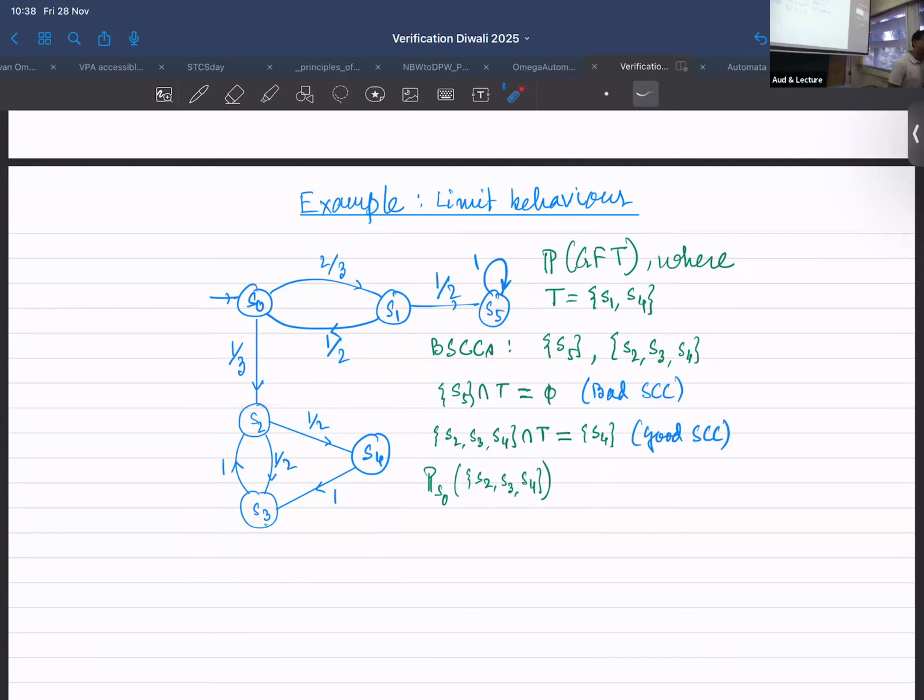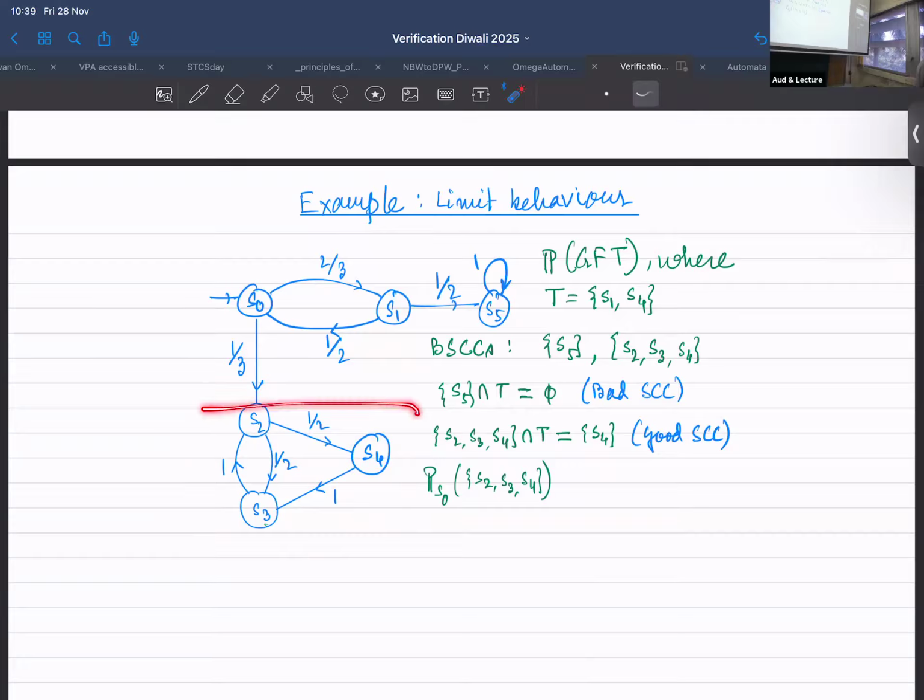This is another. Now I can see S4 belongs to this. So once I'm here, I'll be visiting S4 infinitely often with probability 1.